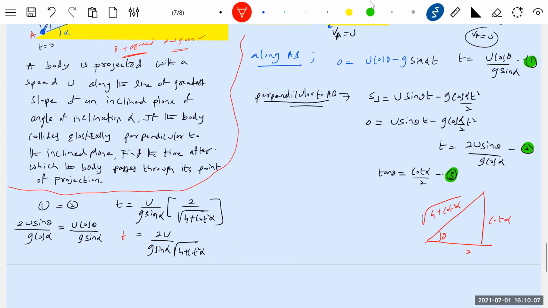Okay, this will be T equal to 2U. One sin alpha gets eliminated. So this equation will be g into the final answer.